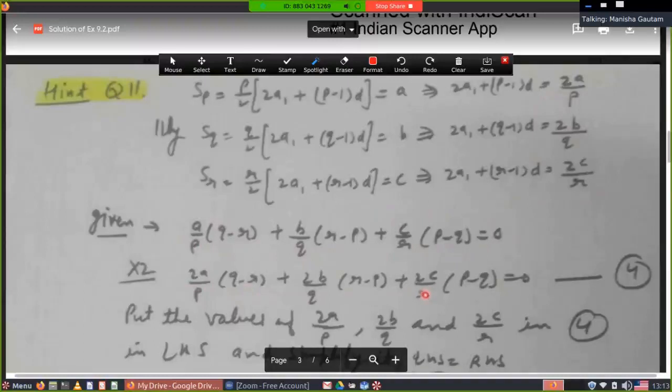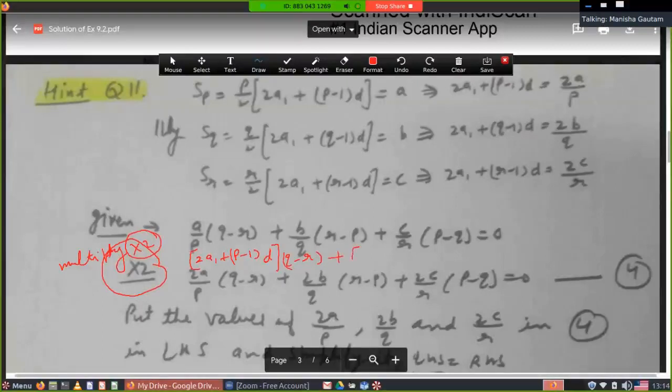You will get the answer 0. Like this, I will show you. I have written multiplying by 2. Multiply by 2. Now 2a upon p means what? This is 2a1 plus p minus 1 into d, and this whole statement is multiplied by q minus r.